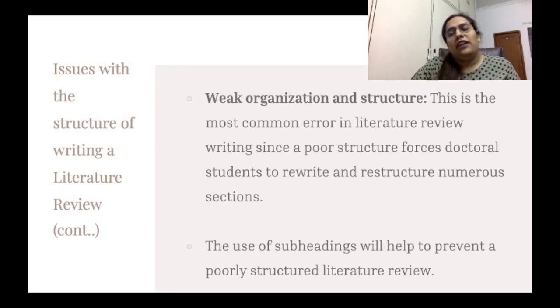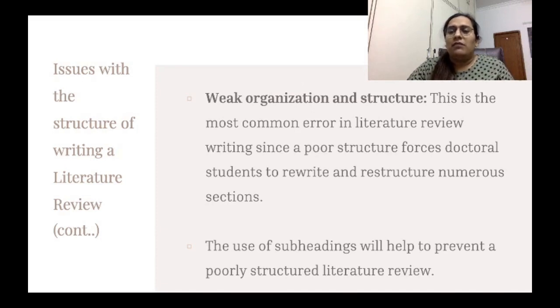The use of subheadings will help prevent a poorly structured literature review, because when you are reading a book and there is no breakage in the paragraphs, there is a very lengthy paragraph and you can't read the whole paragraph, right? It would be very boring.